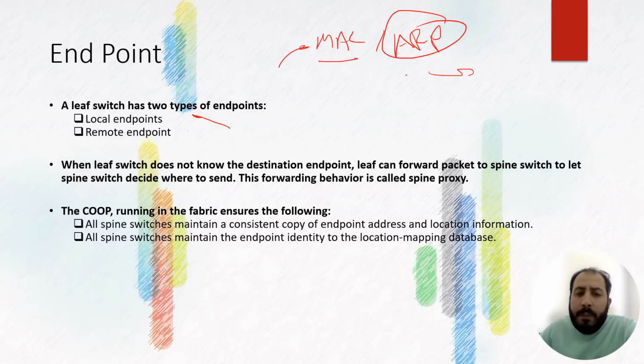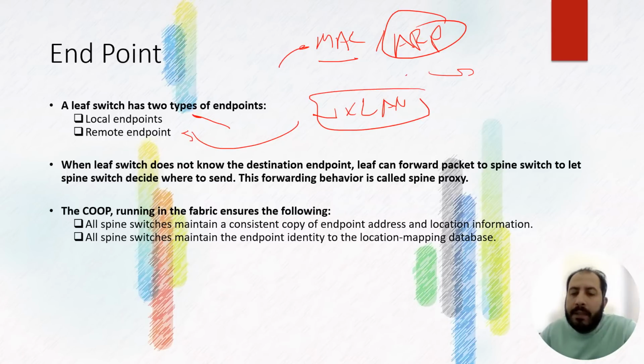Okay. Another type of endpoint is the remote endpoint. The remote endpoint is simply an endpoint which is connected to a different leaf and learned via VXLAN. So VXLAN is propagating this information through the TEP, tunnel endpoint protocol.